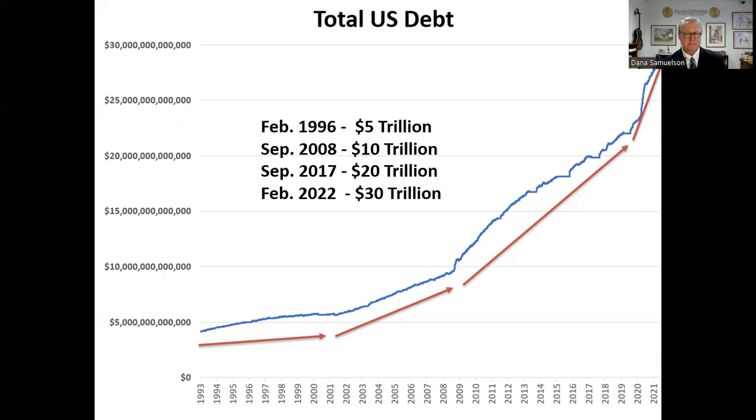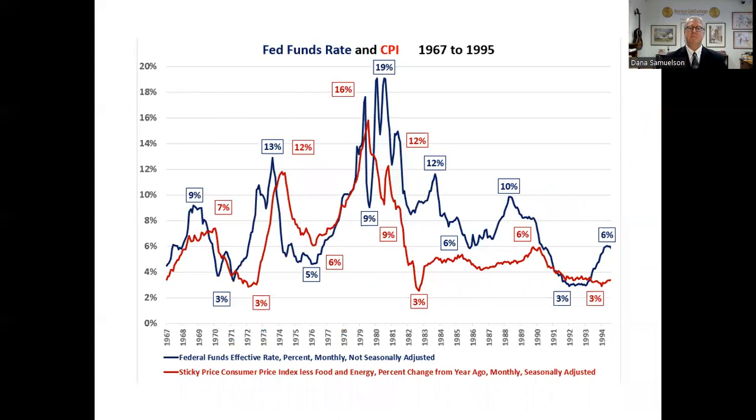Now let's look at inflation in the 70s from about 1967 all the way to 1995, actually. This is a chart of the federal funds rate in blue and the consumer price index in red from 1967 to 1994.